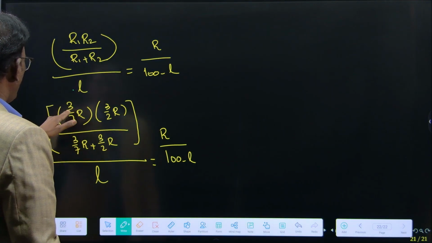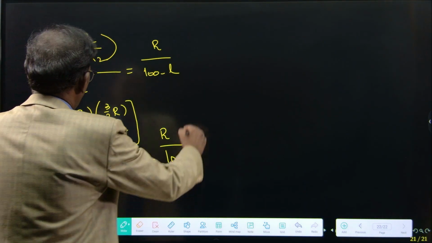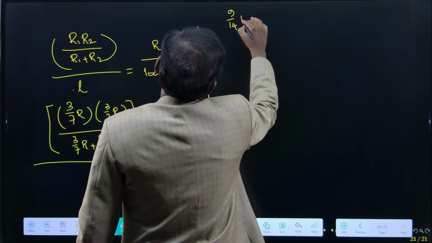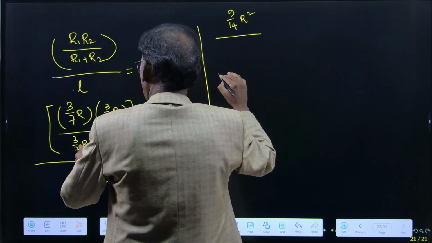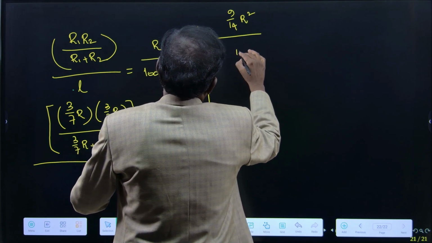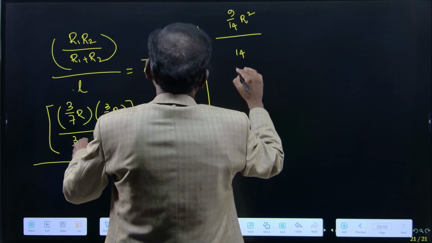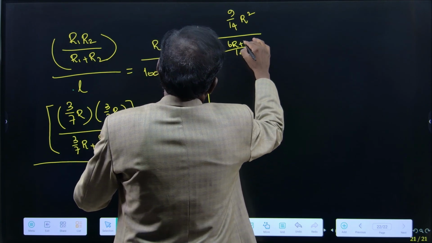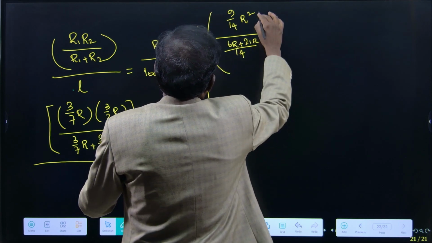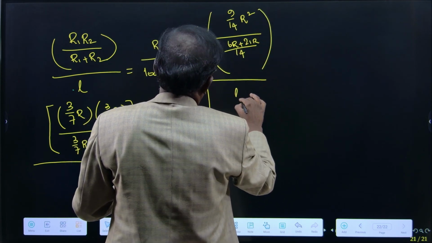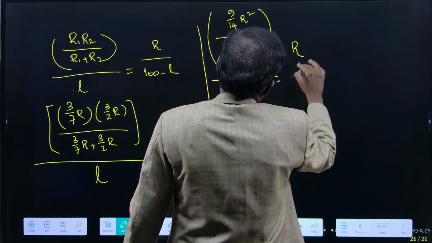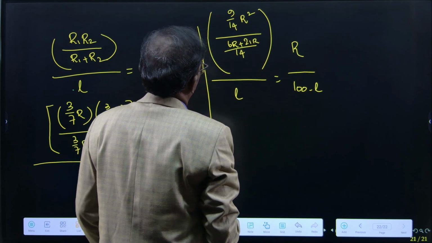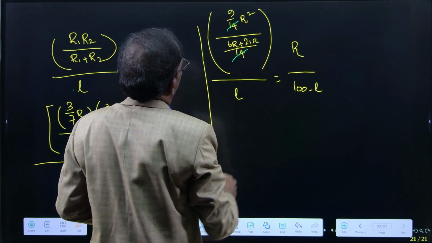So this can be simplified. 3 into 3, 9, so 9 by 14 R square, divided by, taking LCM 14, 2 into 3, 6R plus 7 into 3, 21R, divided by L is equal to R divided by 100 minus L. 14 and 14 can be removed.